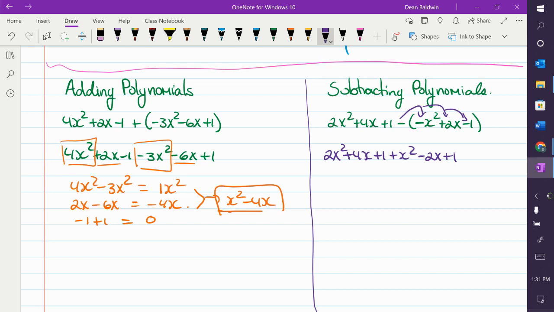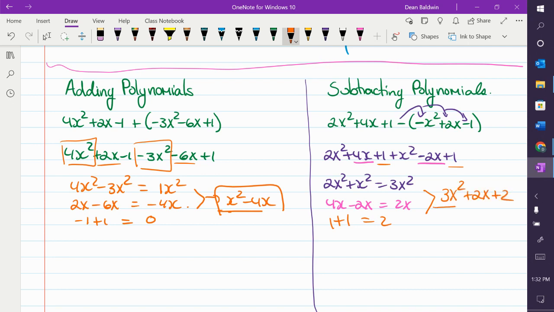Then you just collect like terms as usual. 2x squared and x squared is 3x squared. 4x and negative 2x is 2x. And 1 plus 1 is 2. You get 3x squared plus 2x plus 2.